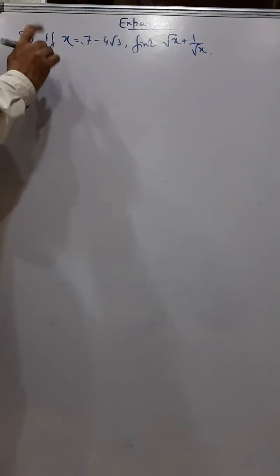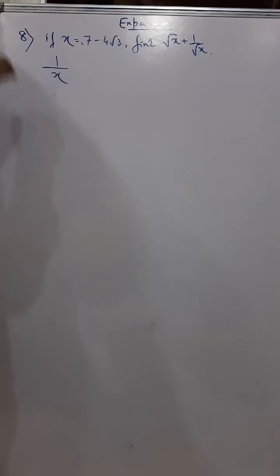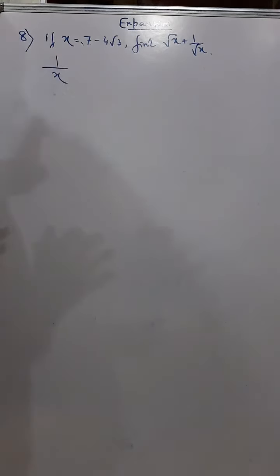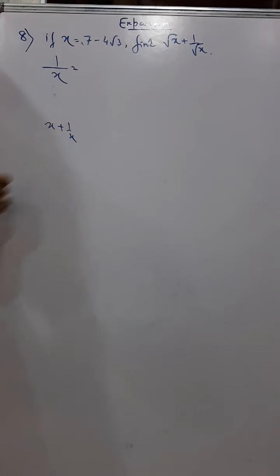In this sum, remember whatever I am telling you, I will first find 1 by x, not any root and nothing else. I need one root here, okay. But x I know, I will get the value of 1 by x. Now once I get the value of x and 1 by x, I can get the value of x plus 1 by x after that.